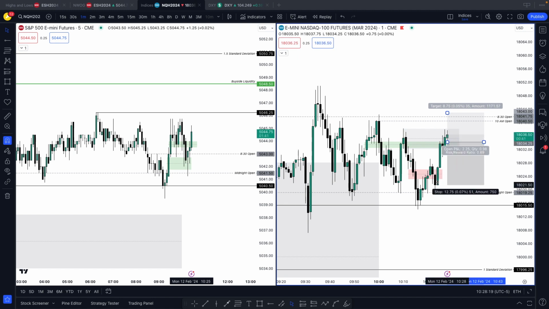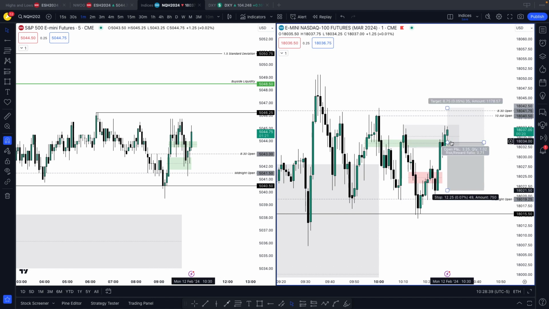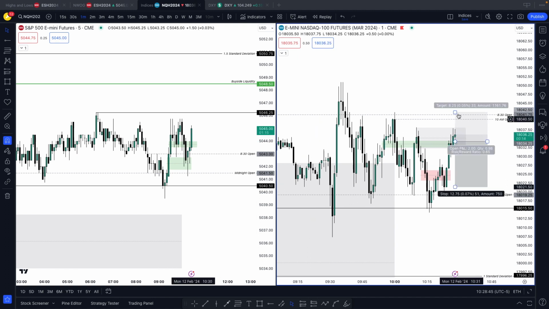Stop can be down here because it shouldn't have any reason to return back below this area, which has already been traded back up through, back down through, back up through. Unless it's going to go lower, there's no reason for it to come back down here. So stop goes there. And entry would be right there on the return to that inefficiency.